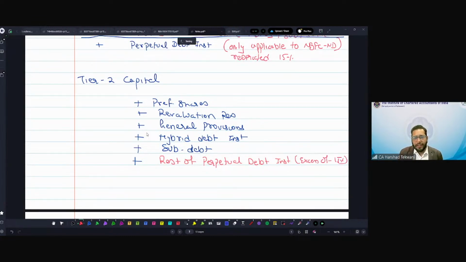It was restricted to 15% earlier. The rest is allowed in tier 2. Okay. So this is tier 2 capital. Whatever other preference shares, revaluation reserves, other debt instruments you have, you combine it, you will get tier 2.